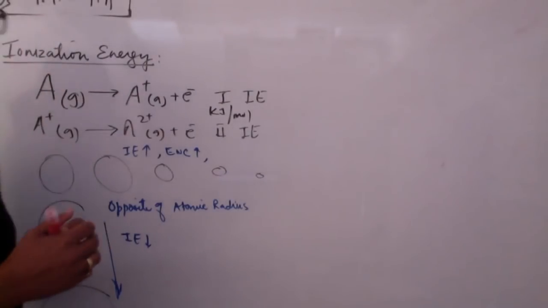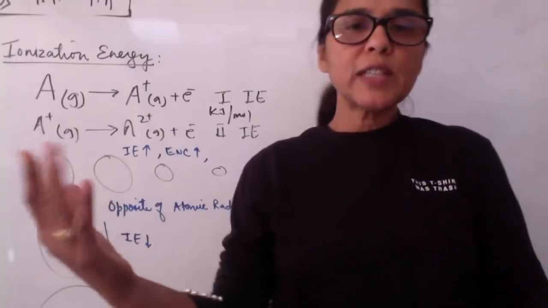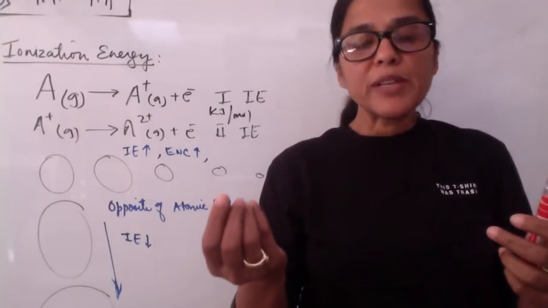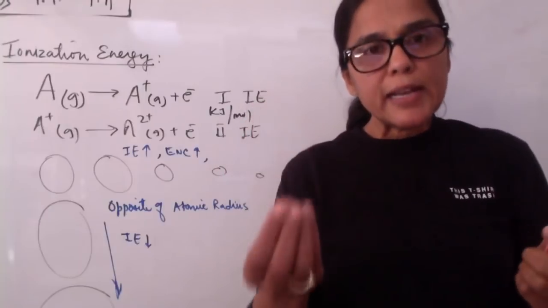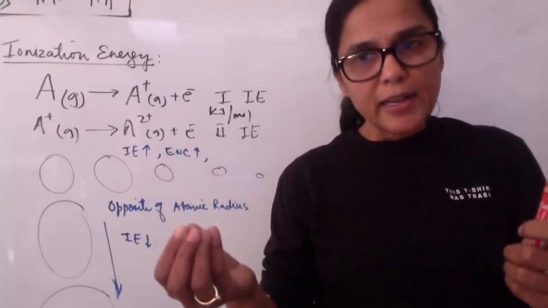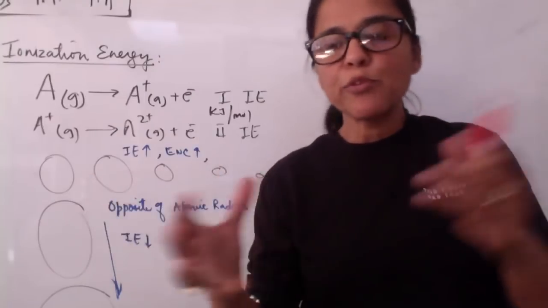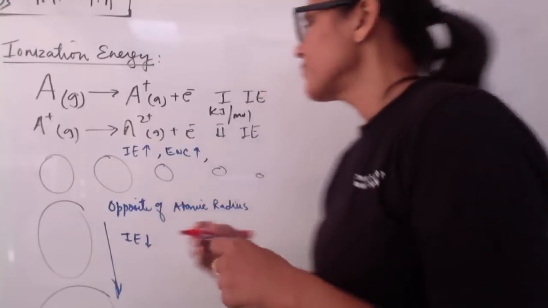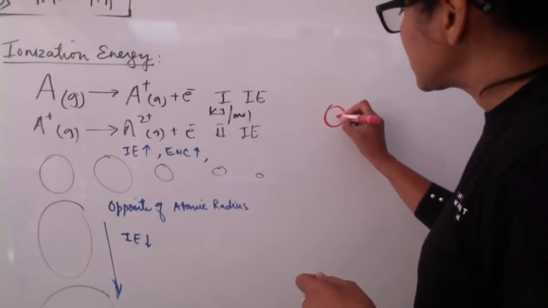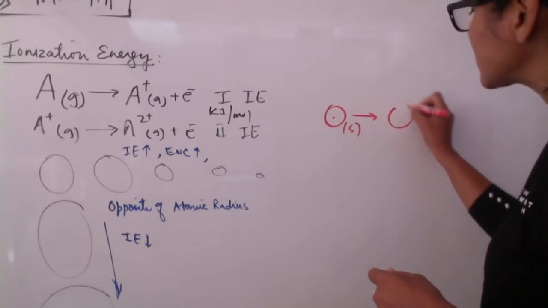The gaseous part is important, Shravya, because in our day-to-day life, most of the things you see around you are present as solids or in a bonded state. But before an electron can be removed from an atom, it has to be made into a gaseous state, because particles are moving faster and it becomes easier to remove electrons. So if some atom existed as a solid, you have to first convert it to gas, right?